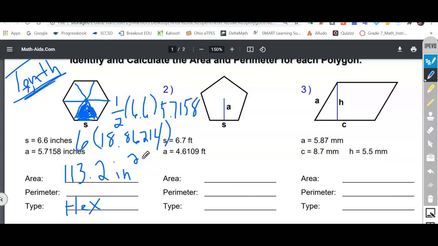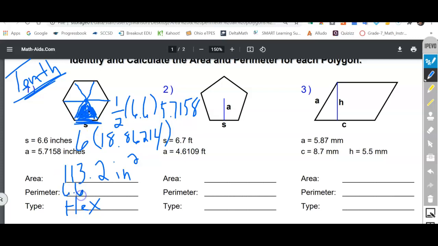Okay, what do I do for perimeter then? What do you think, Bree? Right. Each side, S, is 6.6.